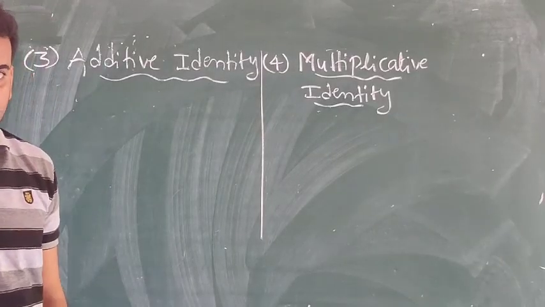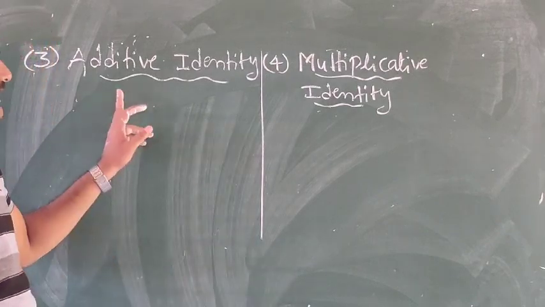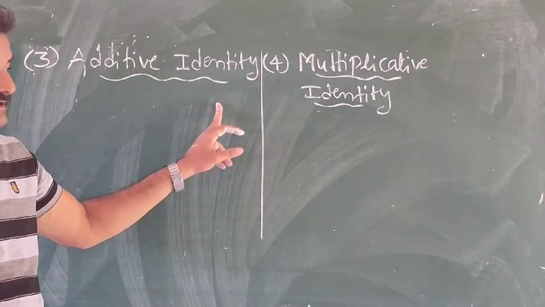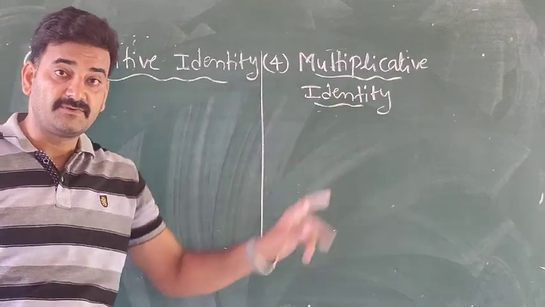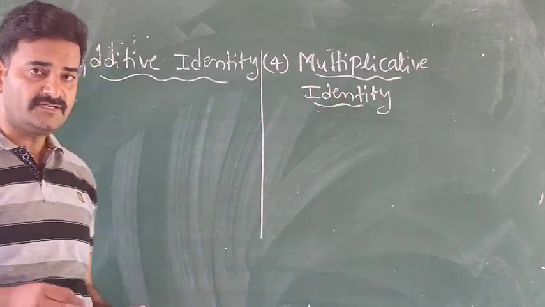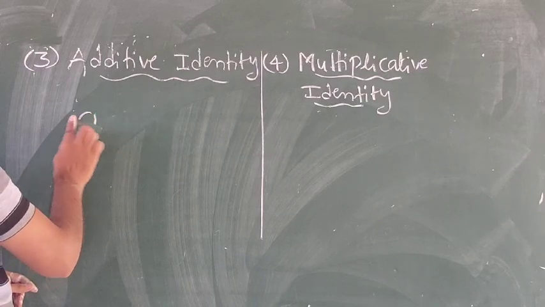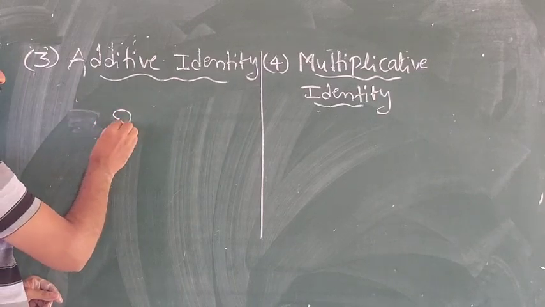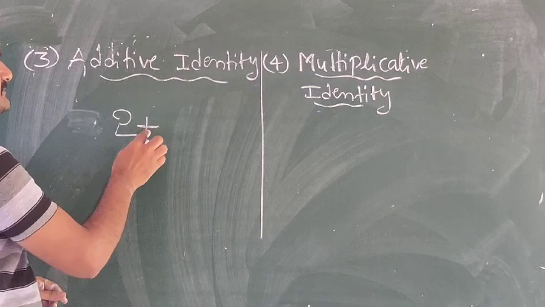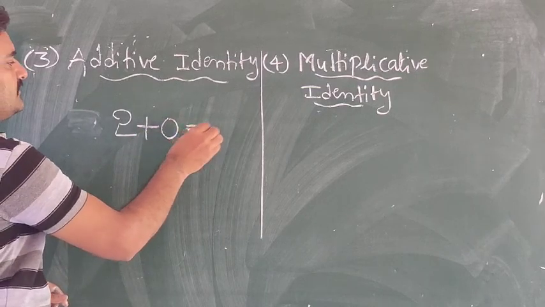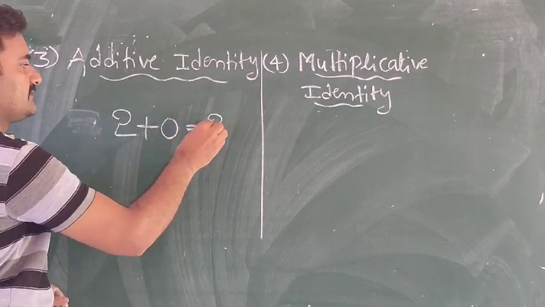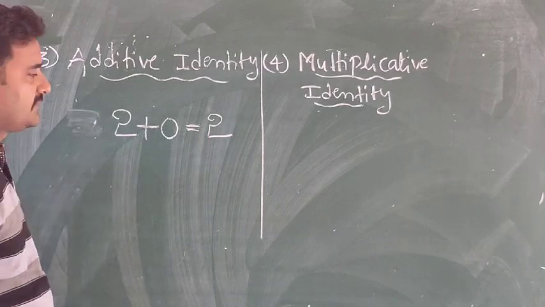Now we will see the next property, additive identity, and one more I already wrote here, multiplicative identity. What is additive identity? Let us say a number, I will take it 2. Additive means plus. Let us say 0. 2 plus 0 is 2. Now I take any number.